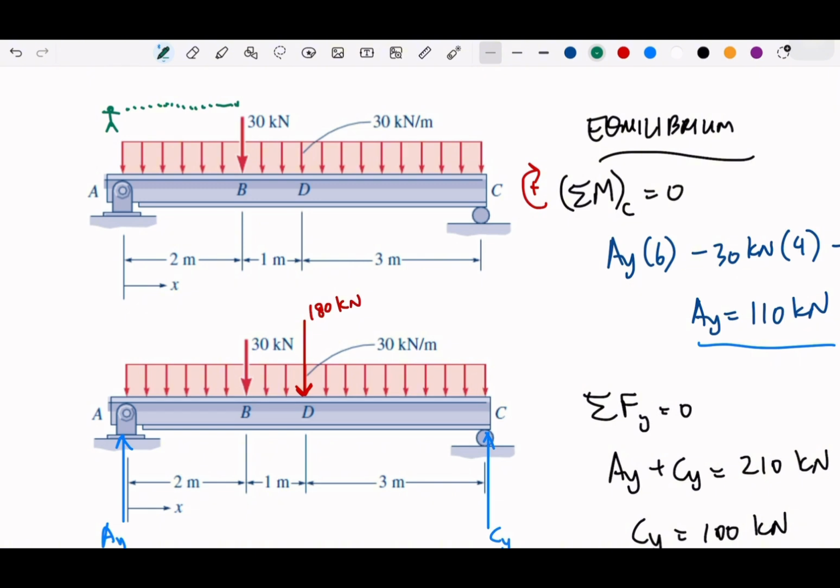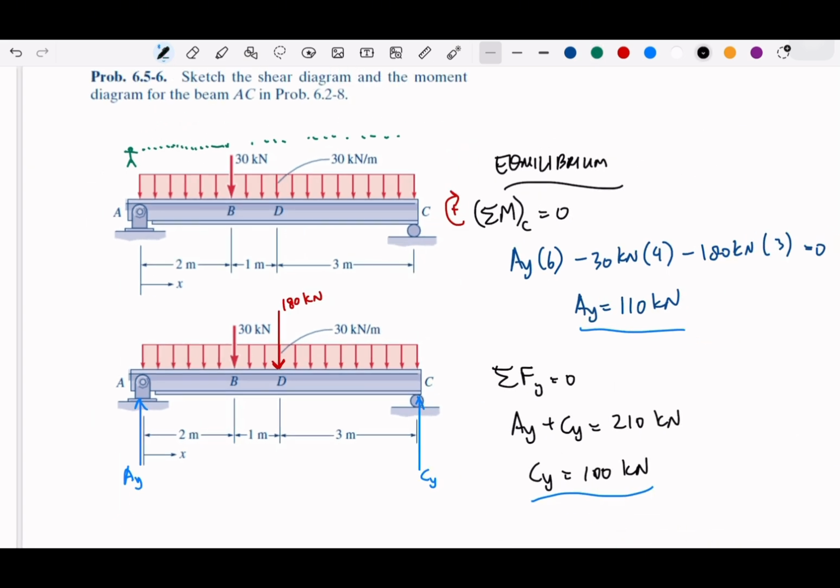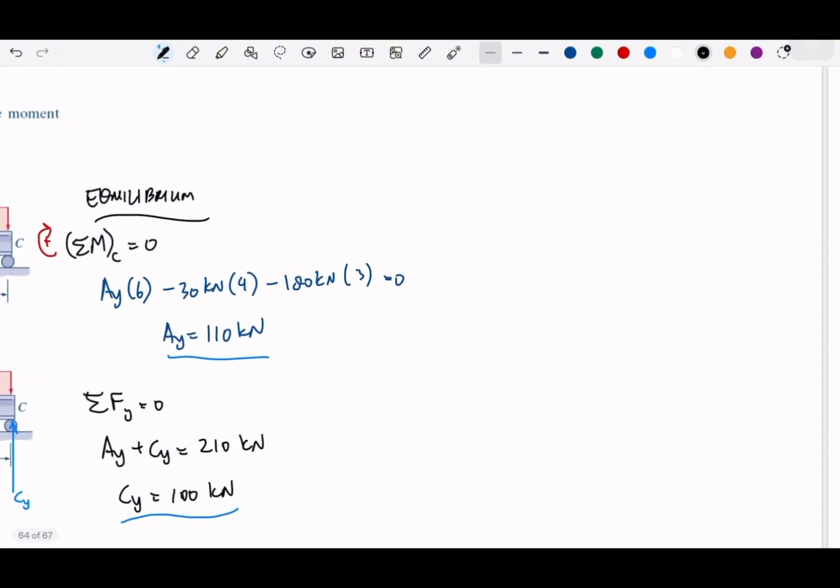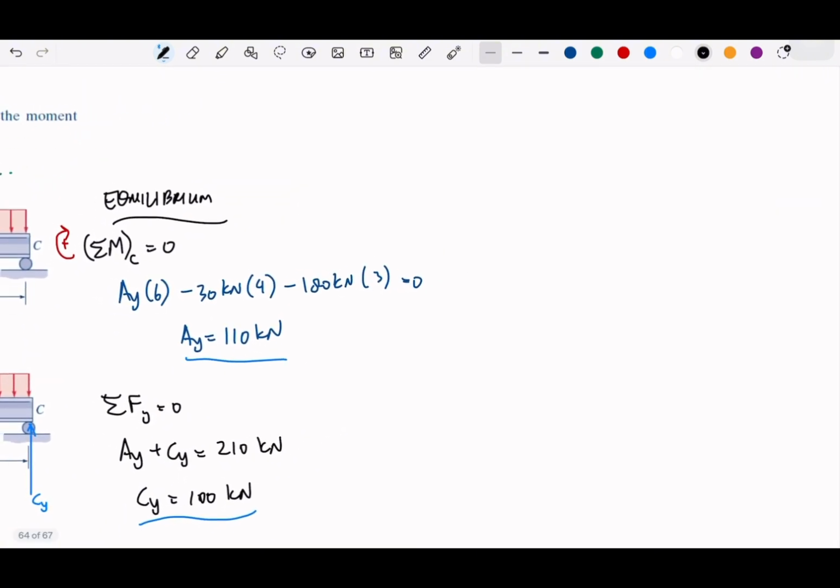And then after the 30 kilonewton, we walk again, and not much happens, but we have only the distributed load. So at least we have two sections, before B and after B, because at B we have additional forces. So we can write here, taking the interval 0 to x to 2 meters.